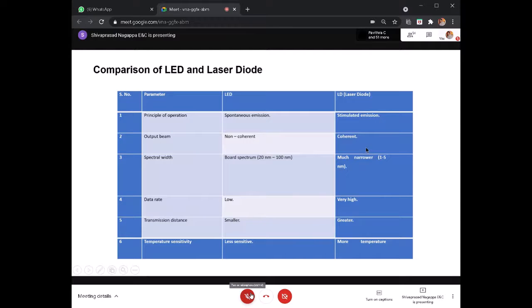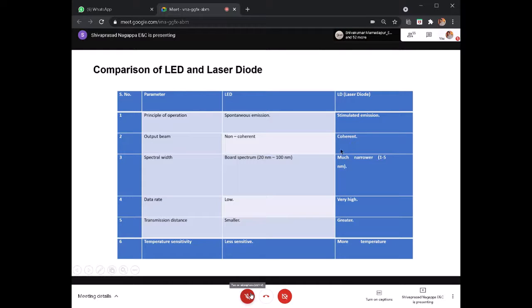See, coherent means whatever the emitted photons, all of them will have the same phase, or a constant phase. Whereas non-coherent is not like that. For example, in spontaneous emission, the emitted photons in the LED will be random, so the phase will be different for each.